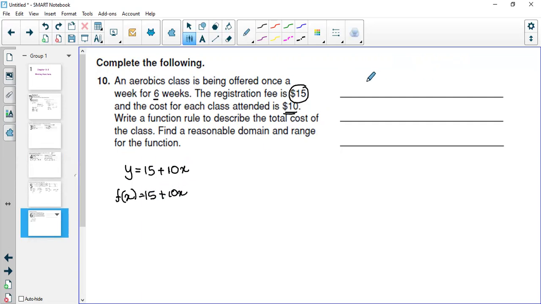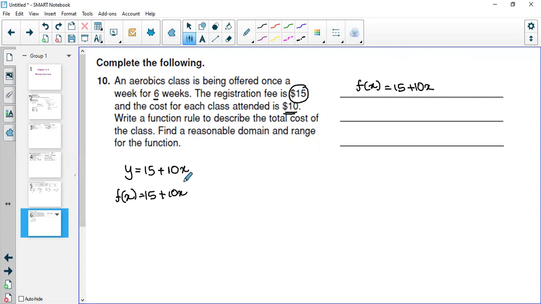So let's write the function here first. f of x equals 15 plus 10x. Okay, now they also said find a reasonable domain and a range for the function, which means you have to find some numbers which would make sense, where we could replace this.